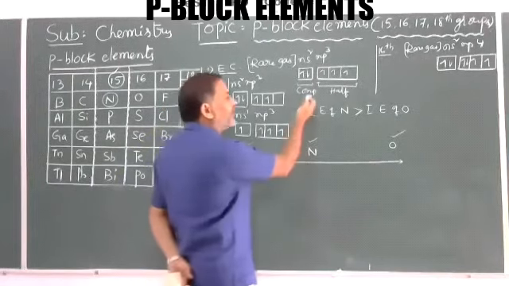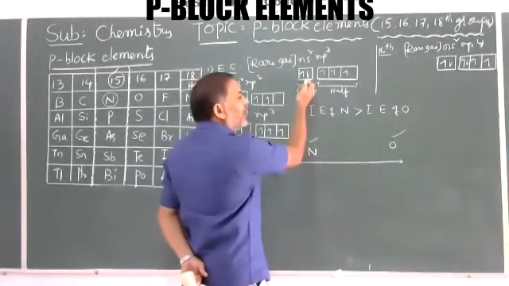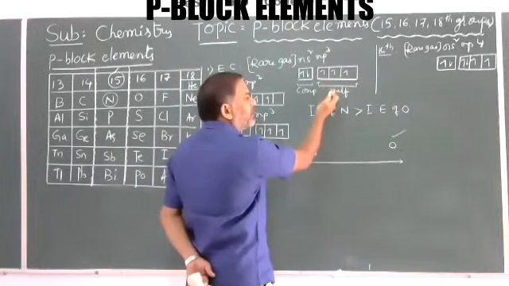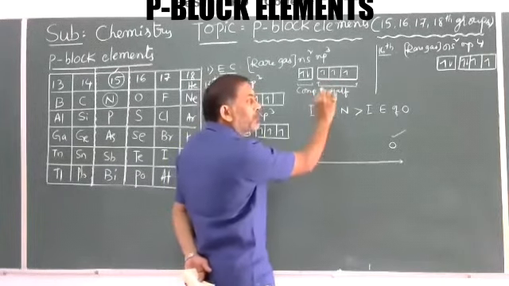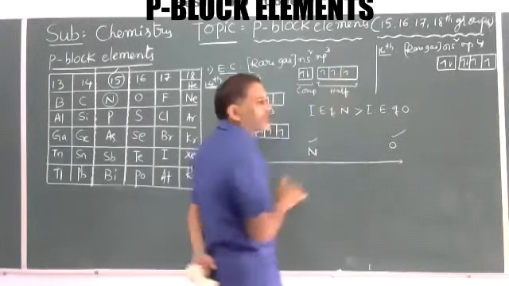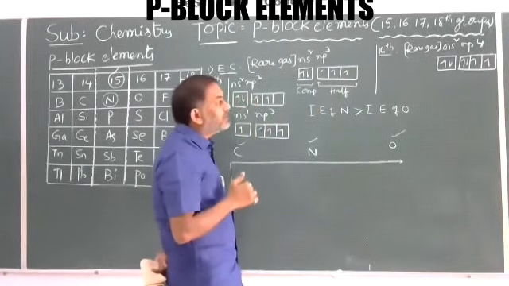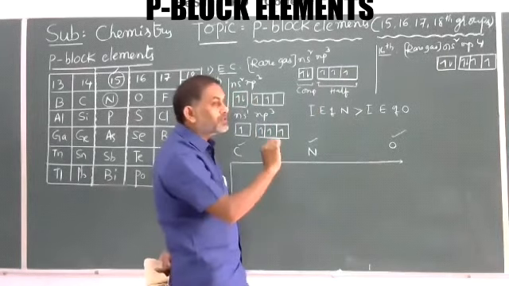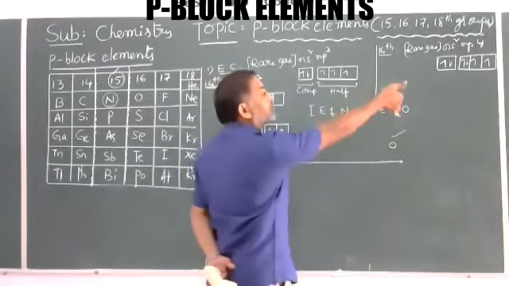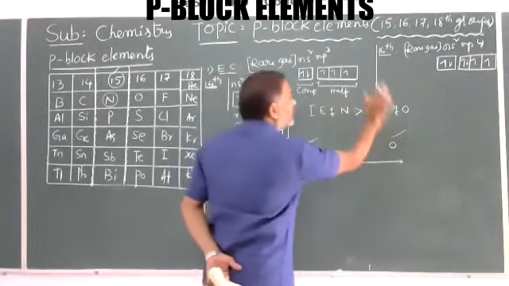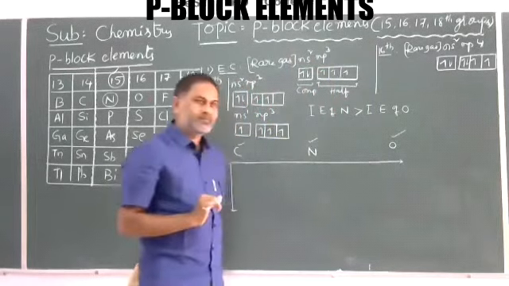More stable means it is somewhat difficult to remove the electron from its outermost orbit. That's why the ionization energy of the 15th group elements is more than that of the 16th group, even though the size of nitrogen is larger than that of oxygen. Clear point?